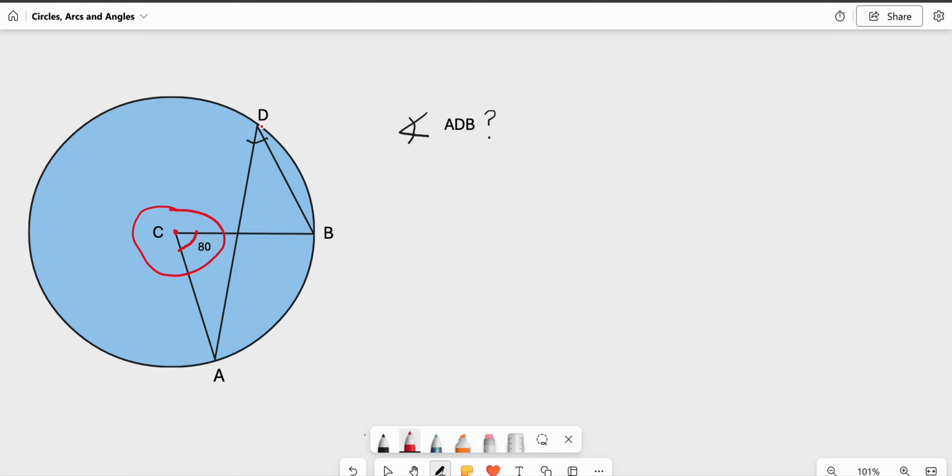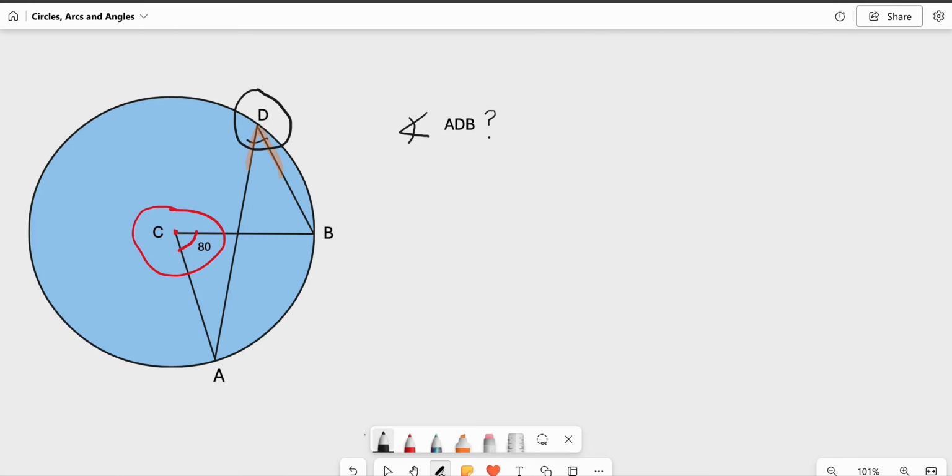Now, what type of angle is this? We are being asked to find angle ADB. We need to find this angle here, angle ADB. Now, what type of angle is angle ADB?